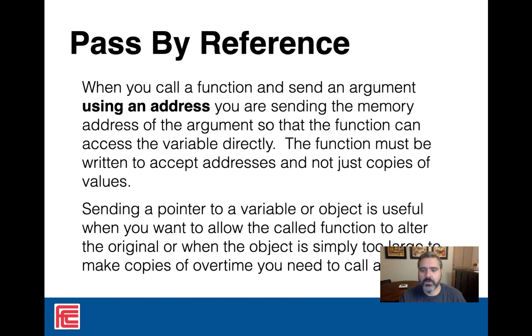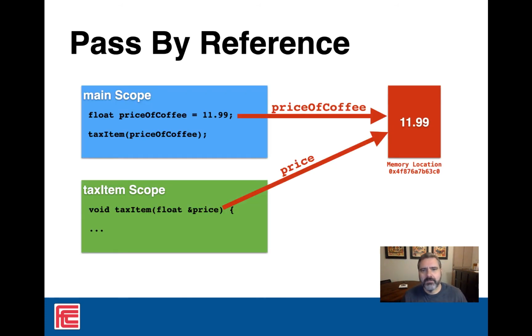So how does this work? Let's say I've got something called the price of coffee, right? So this is a specific price inside of main. I've got some weird tax function that just gives me the amount of tax on an item, but I don't know what it is. It just takes a generic price. But if instead of passing by value, I pass by reference, in other words, the price of coffee is right now pointing to a specific memory location, and it has a value in it of $11.99, and then I pass that address to the tax item function.